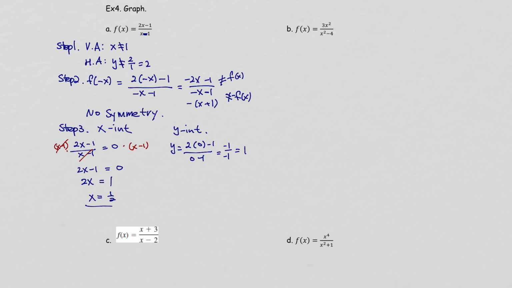So now I have 2 points to mark on a graph, and I also know the asymptotes, right? So I'm going to graph that. And that will be step number 4: apply all that information in a graph and see what I have.